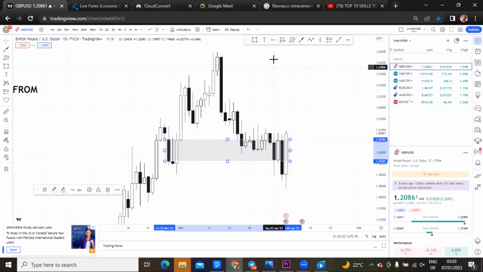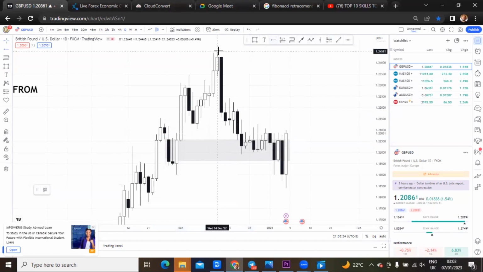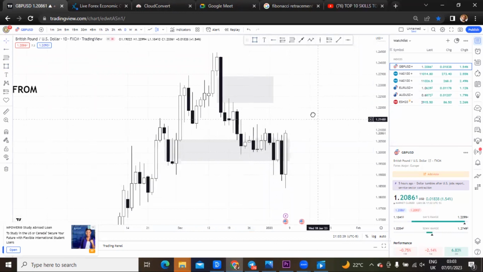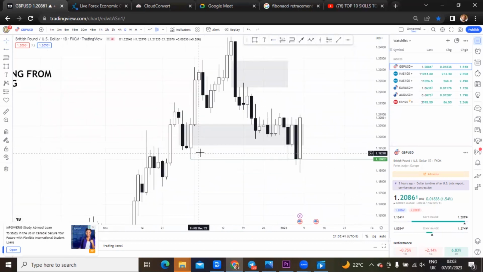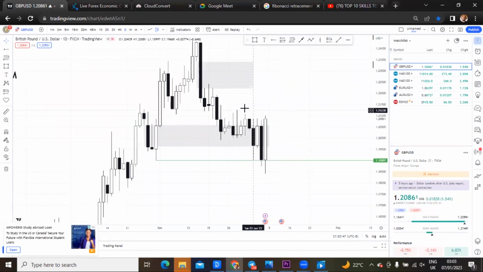I'm going to identify other things like the fair value gap here that was already tapped into. You see that? Beautiful. What else am I going to take into consideration? Sell side right here. Take it into consideration.